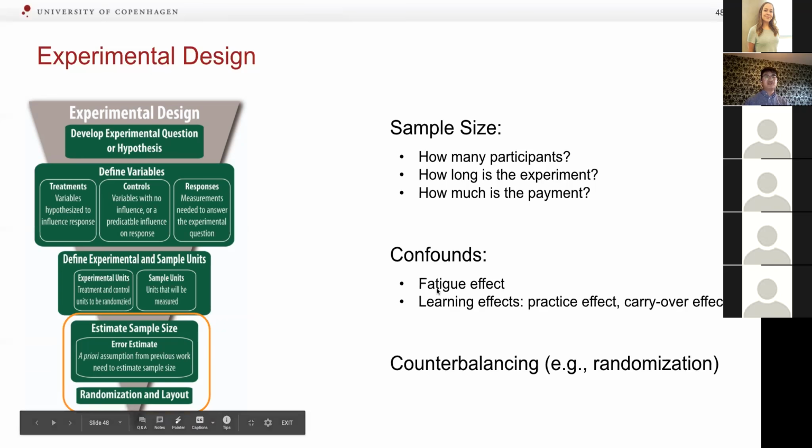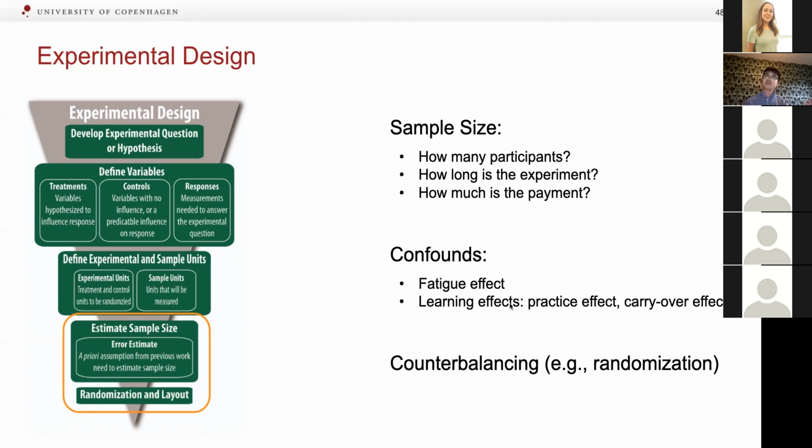HCI research often involves human participants in the experiment, which is not easy to recruit. It's very expensive because we need to allocate time to conduct the experiment and compensate participants with money or gifts. Since we are humans, we may feel tired if the experiment is too long, which introduces the fatigue effect of bias.